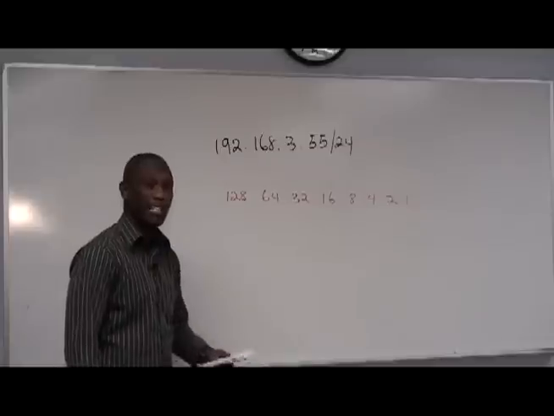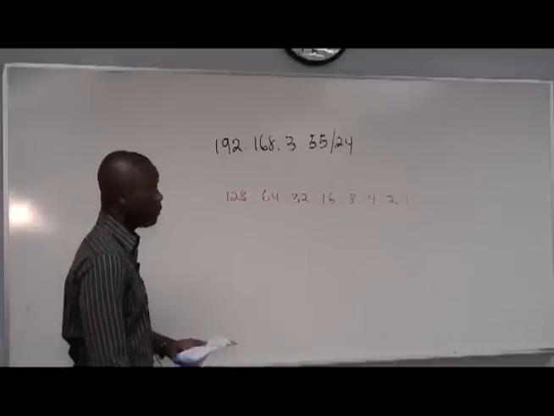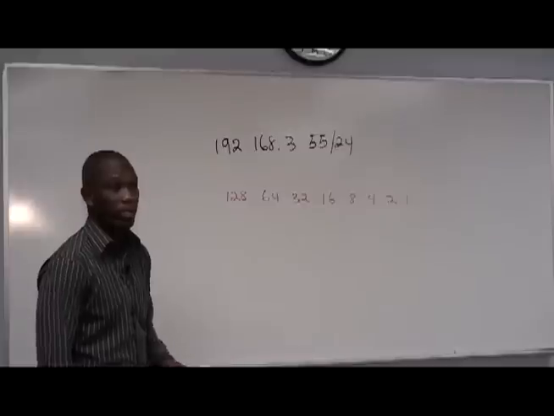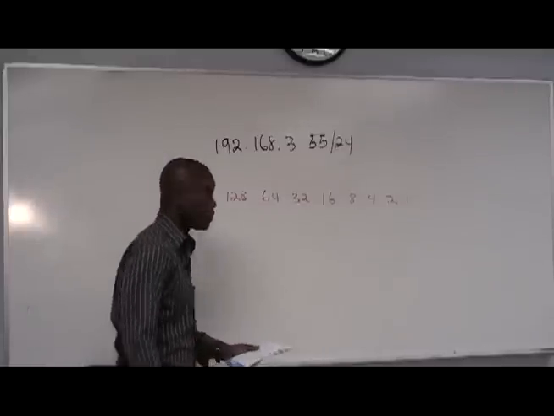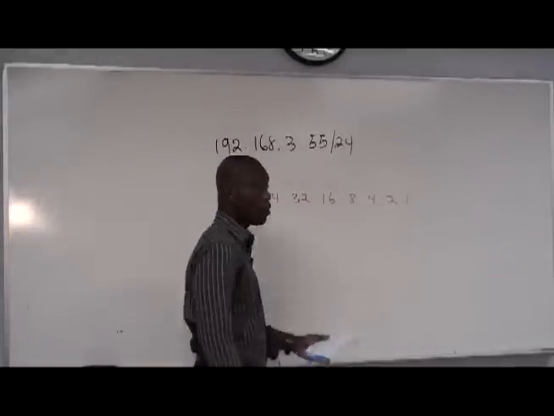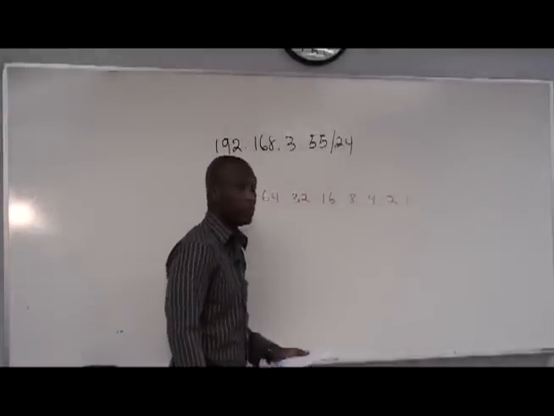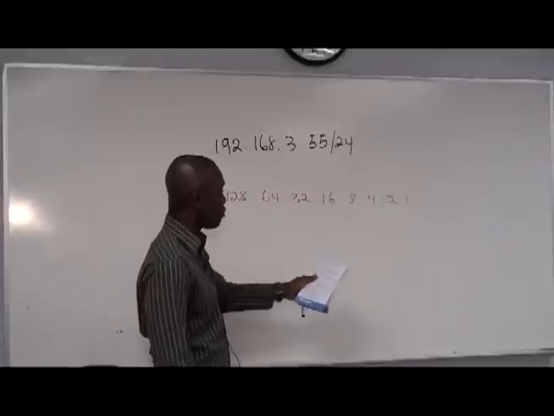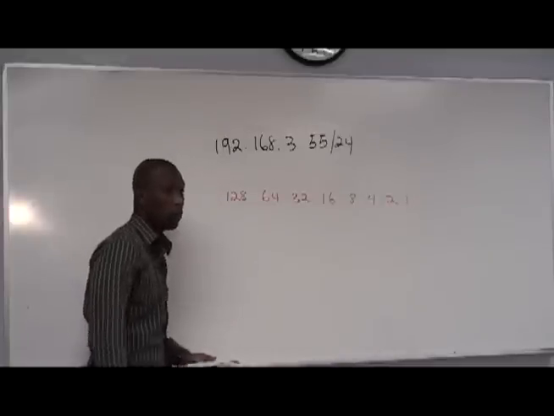Now, if you can remember the last time we spoke about place values in terms of binary representations of numbers. Remember that, right? So these are our place values here in terms of the bit representation: 1, 2, 4, 8, 16, 32, 64, and 128.